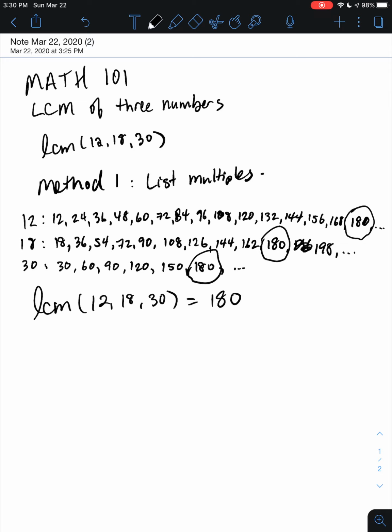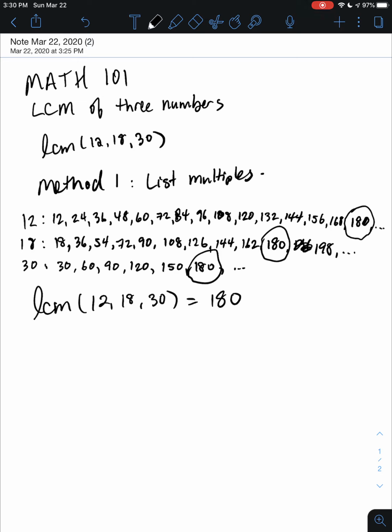If you haven't yet found a common number, the only recourse with this method is to continue expanding your list. So keep going. You might be able to use a calculator to accelerate the development of these lists, by pressing the equal sign over and over again.